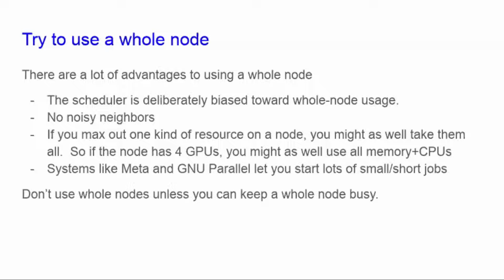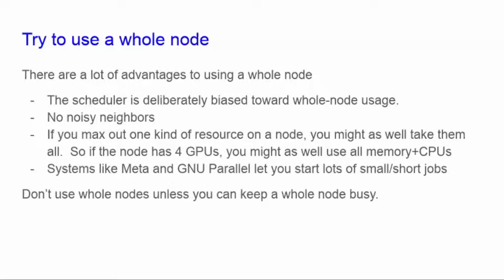It'll actually run on 32 cores wherever the scheduler finds them. So whole node is very attractive for a lot of reasons. One is that it insulates you from noisy neighbors, that is, other people stealing resources from you.